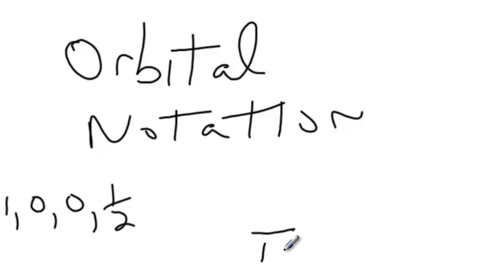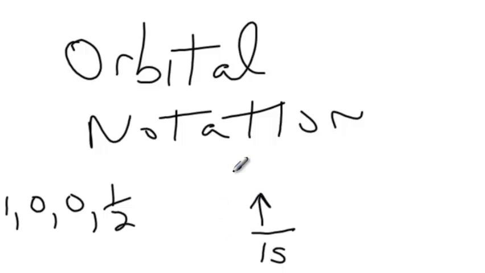In the last video, whenever I wrote a quantum number, or a set of quantum numbers, for example 1, 0, 0, 1/2, I had something off to the side that was orbital notation. So I drew a dash that represented the 1, 0, 0 part, so I called it 1s, and then I had an arrow to represent the electron, and since this is positive 1/2, it was an arrow pointed up.